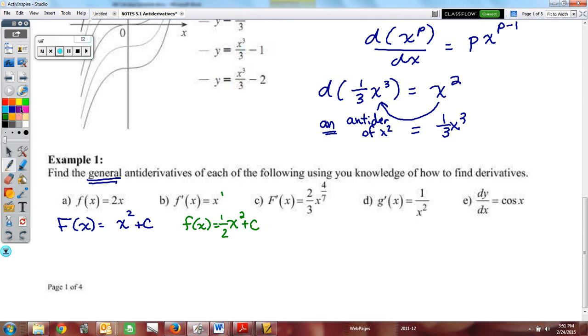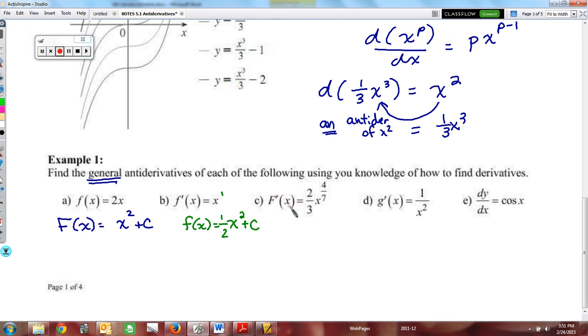Alright, let's take a look at the next one. They named it capital F prime of x, so its antiderivative, I'm going to come down here for a little bit more room, would be capital F of x. Now, what we did here is we add 1 to the power, and then we divide by that power. Notice that if I add 1, I get 2, and then I divide by the power, 2 over 2 gives you 1.